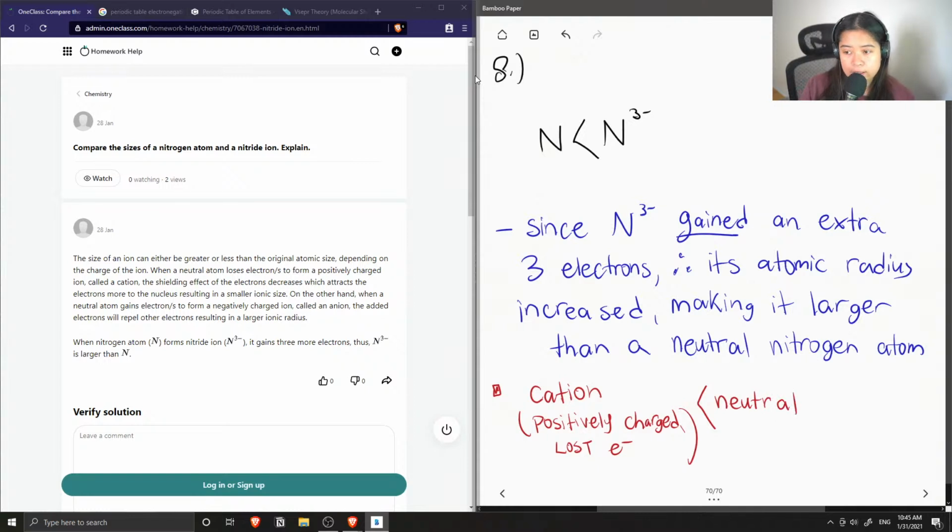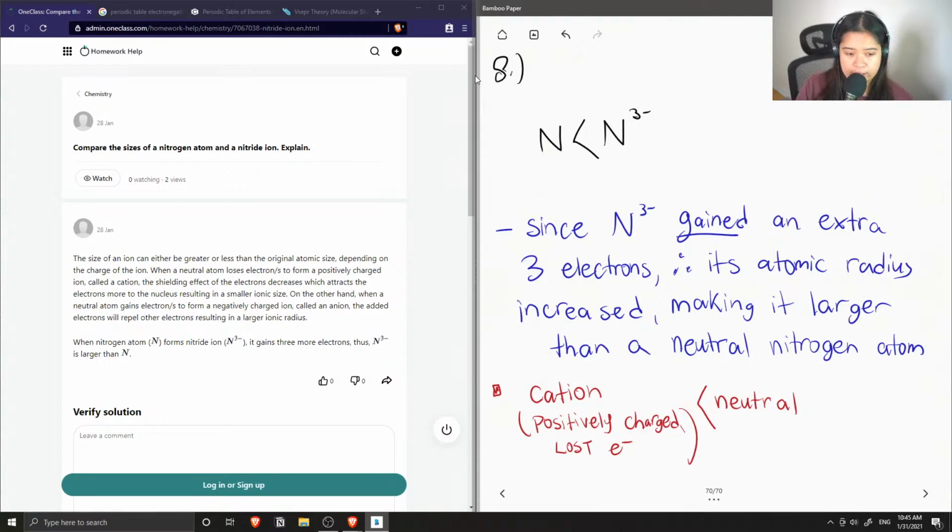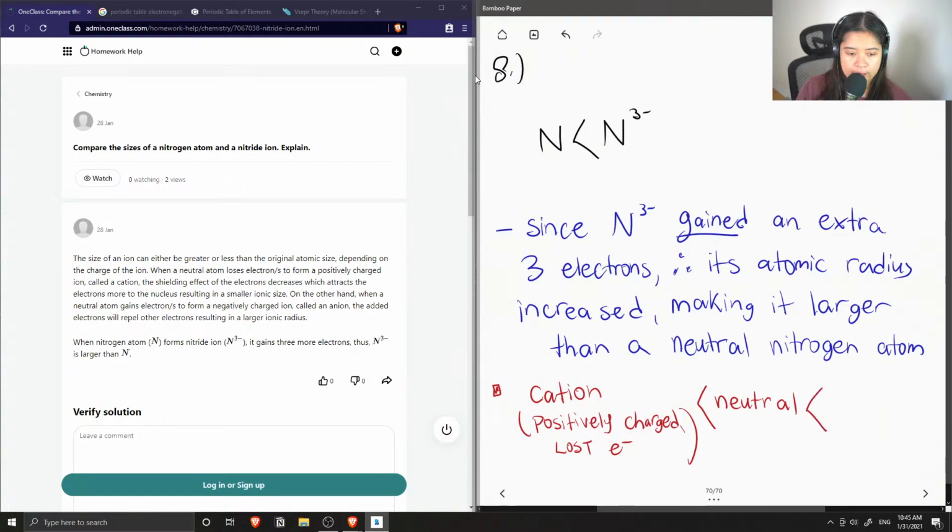Again, since it lost electrons, its ionic radius decreased in size, but a neutral atom is still smaller than its anion. So anions are negatively charged, and it gained electrons.